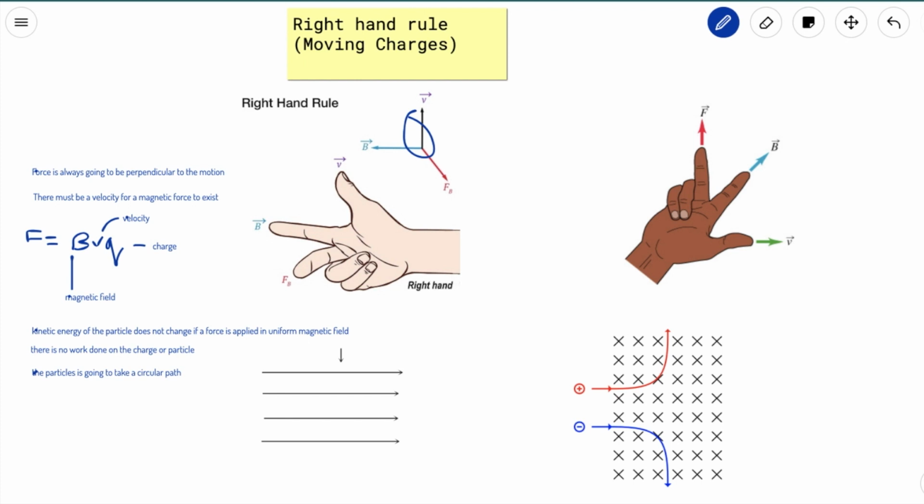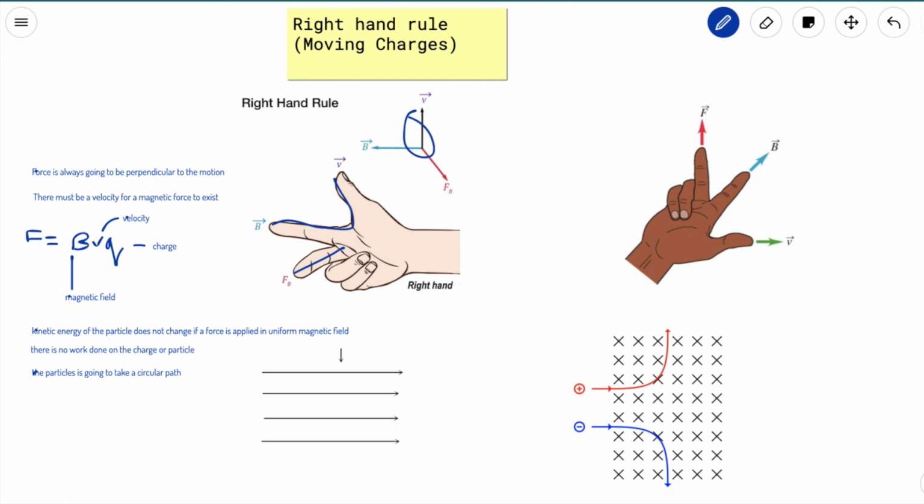Then your middle finger is going to go to the side so that it's all perpendicular, as we can see here.